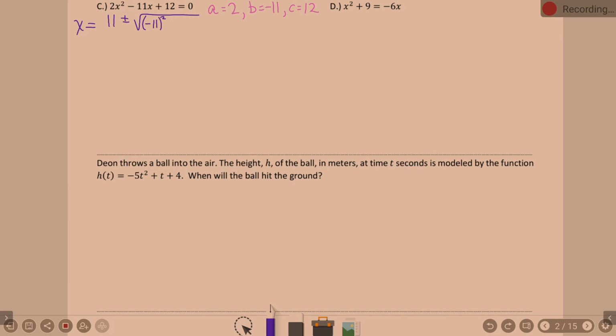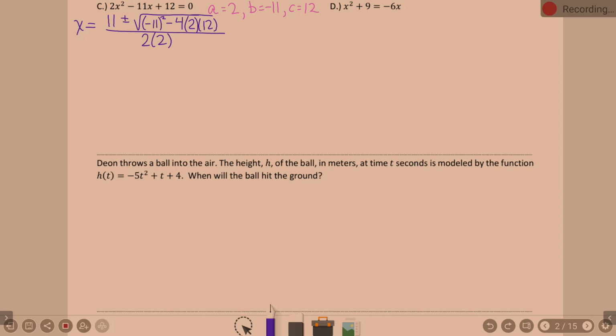Then negative 4, 2, and 12. Minus 4AC, so minus 4 times 2 times 12, all over 2 times 2, 2A. Okay.